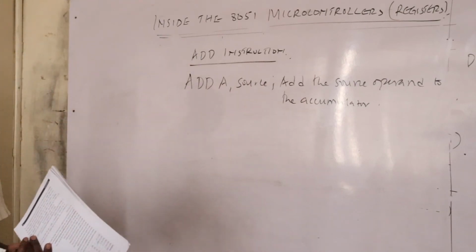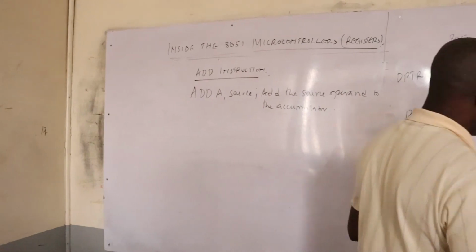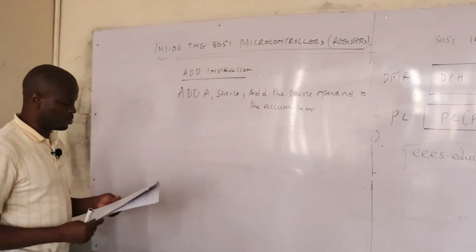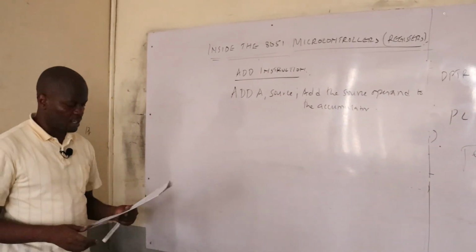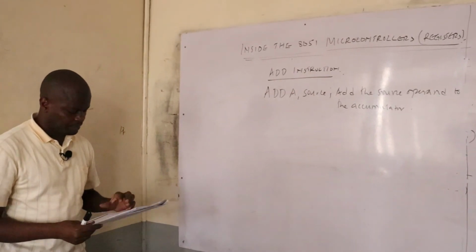The accumulator is simply the register A, and the register A is always used for logic and arithmetic operations. So anything that involves logic and arithmetic operations, the register A has to be called upon.